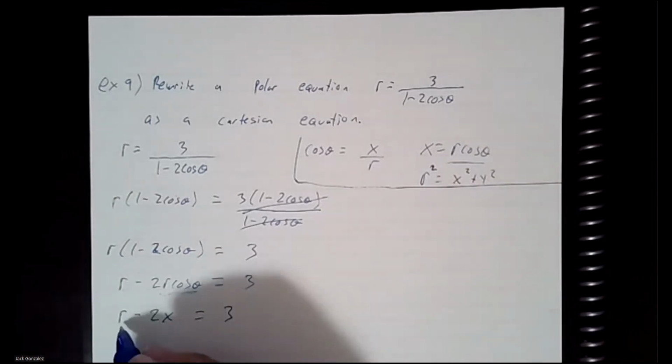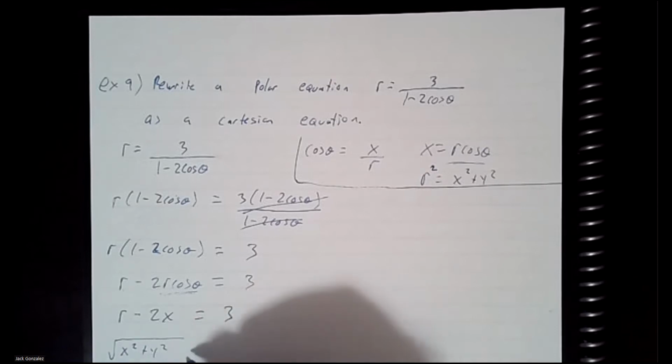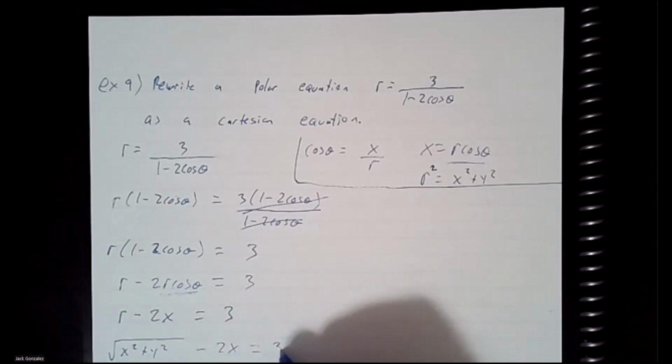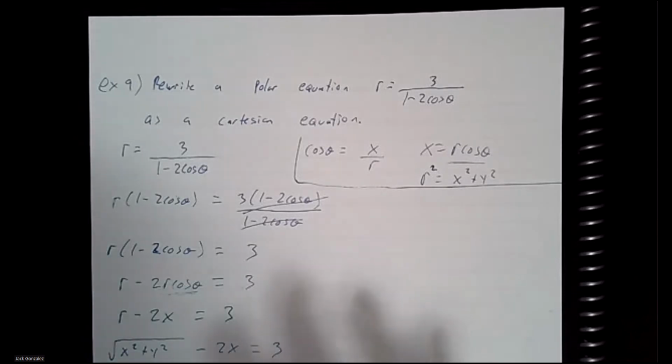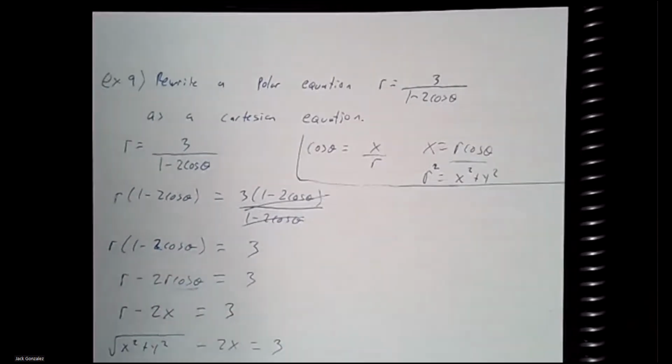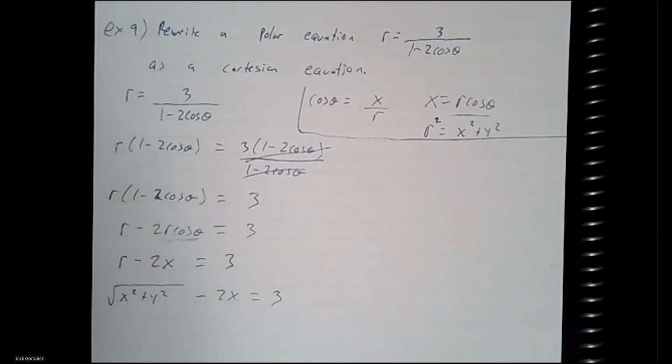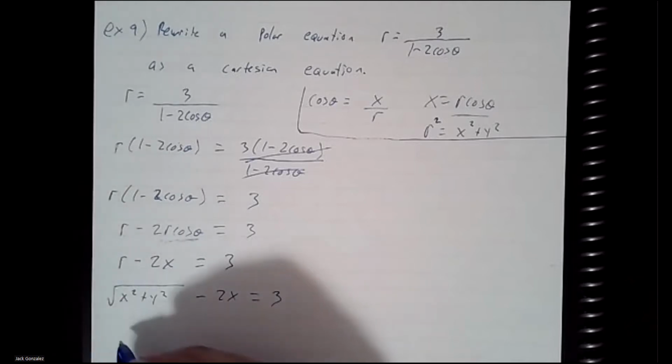Which means that this r is equal to the square root of x squared plus y squared using our formulas that we wrote down earlier. So now we don't have any more r's and thetas. So we can make it a little prettier. We can solve for y, move that stuff over, but technically this is done.